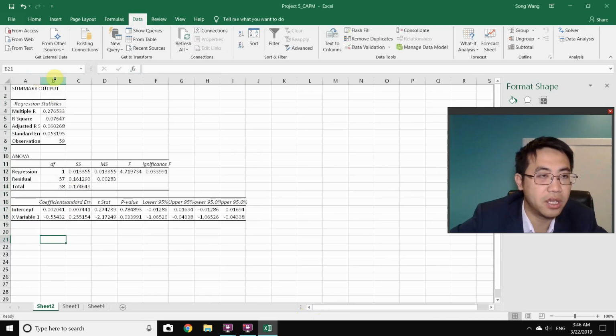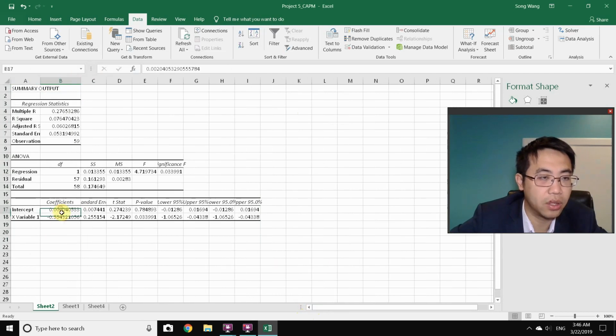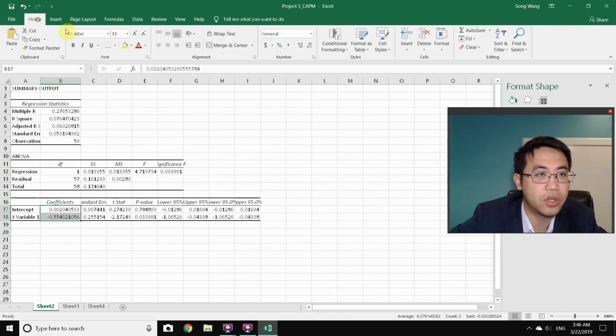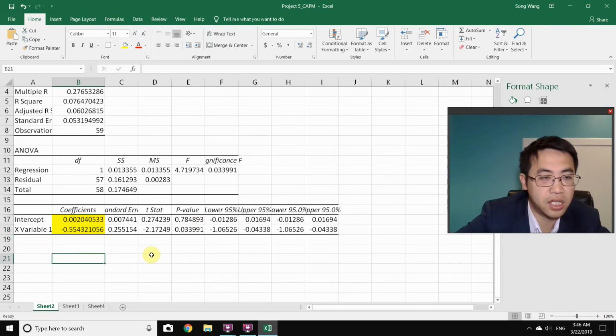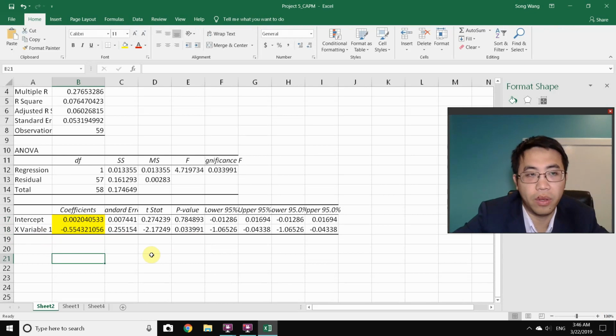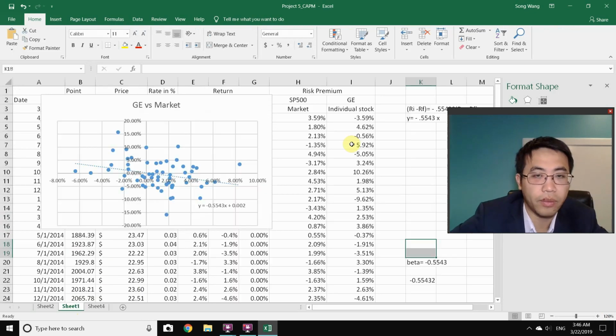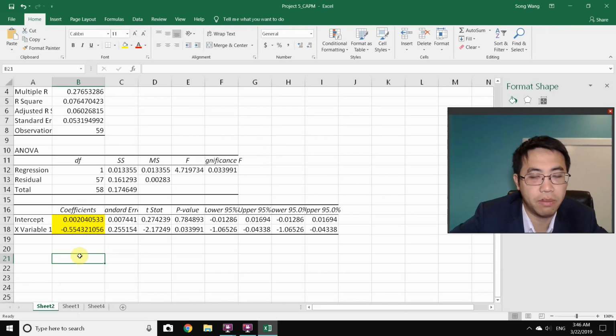This is basically telling you there are two important numbers. One number is the intercept, and another number is the coefficient for x. So if you use this data, these are your y values, these are x values, then the relationship between them is estimated as the following.